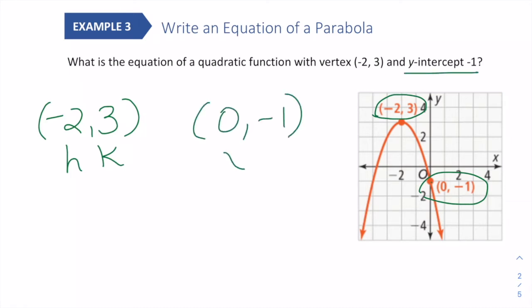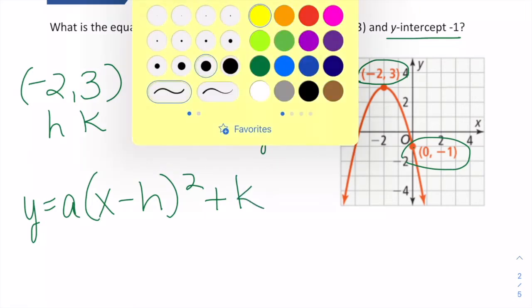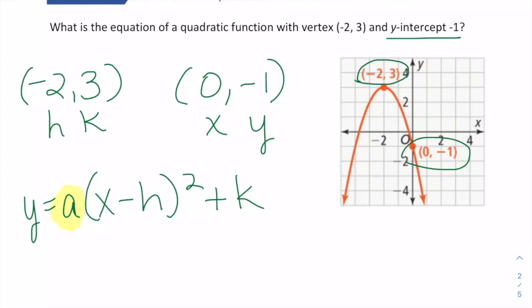And we can plug that in for our x and y. So remember, in vertex form, it's y equals a times (x minus h) squared plus k. Now the only variable that's missing is our a. So I'm going to substitute all the variables and solve for a.